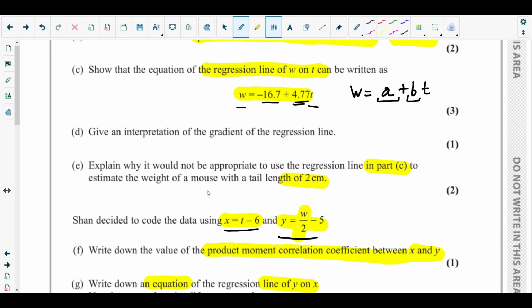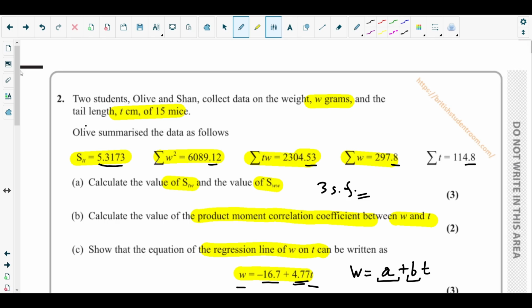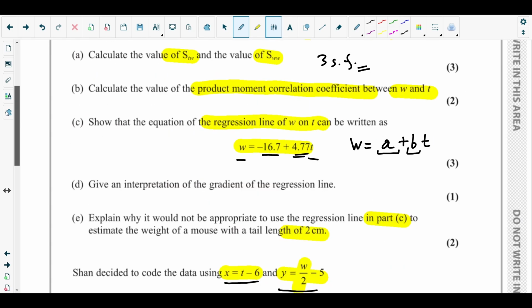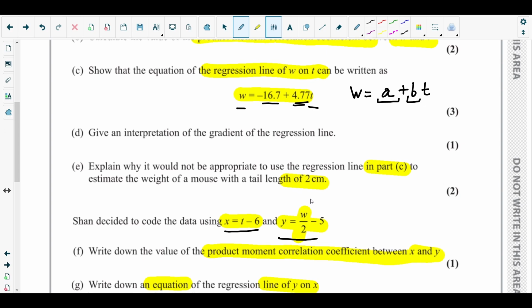If you make t the subject, you will get t equals x plus 6. If you make w the subject, w over 2 minus 5 equals y, so take 5 to the left, that gives y plus 5. So 2y plus 10.